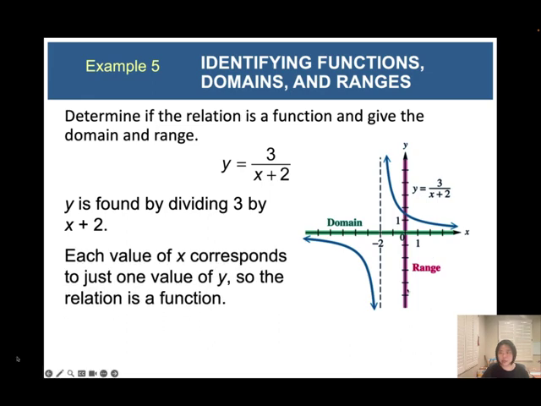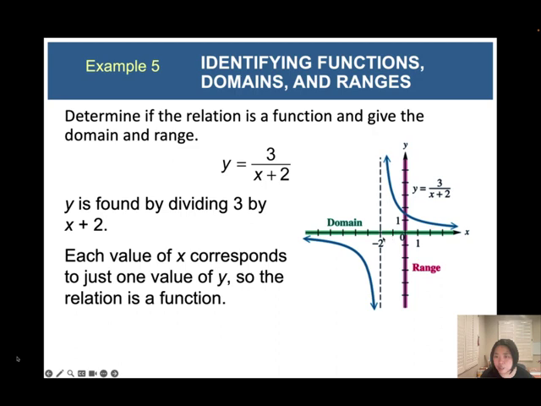And then the domain can be from negative infinity until it cannot be equal to negative 2, since this is the asymptote. So the domain will be parenthesis negative infinity to negative 2, close parenthesis.